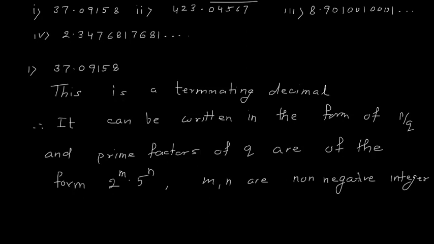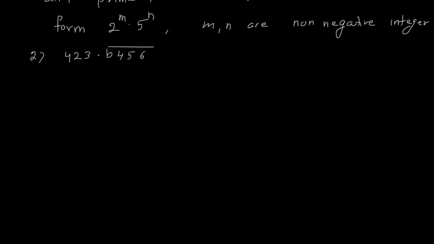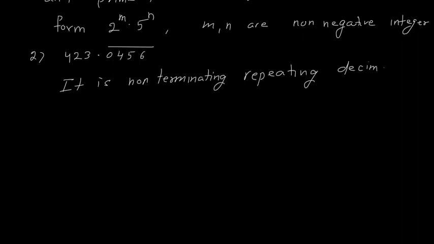Second problem is 423.0567 bar. So what you can say that it is non-terminating repeating decimal.